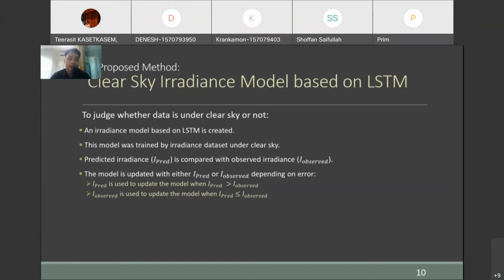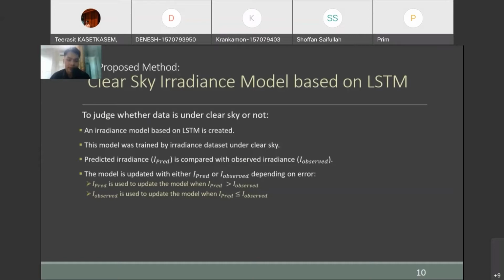And in order for the model to be accurate all the time, we will let the model be updated by either the IPRED or the IObserved, depending on the error. Where if the IPRED is more than the IObserved, the model will be updated using IPRED.